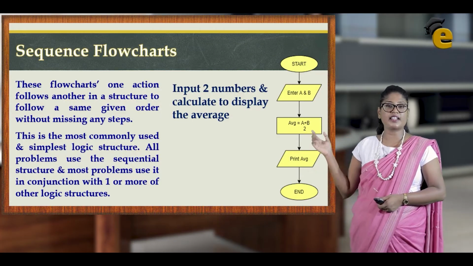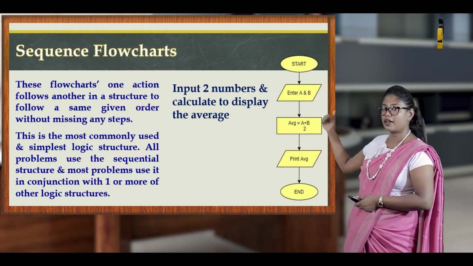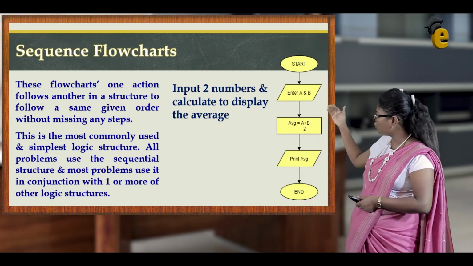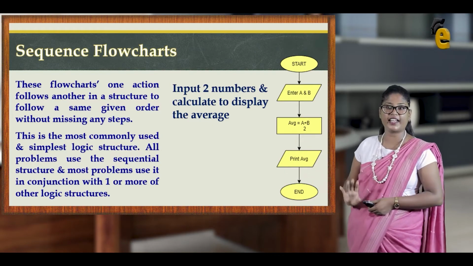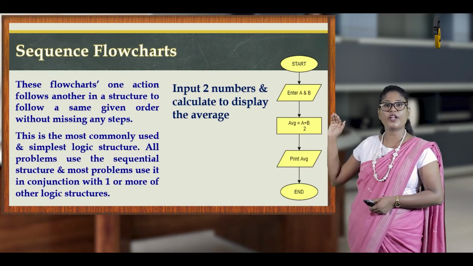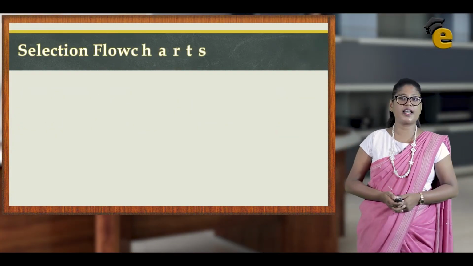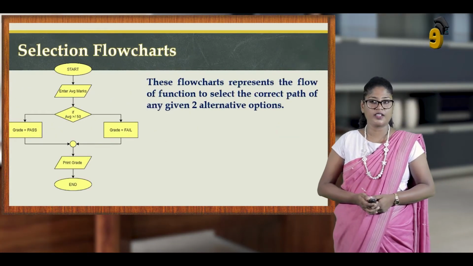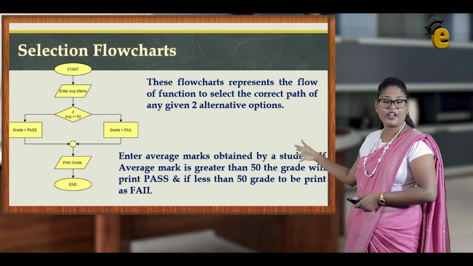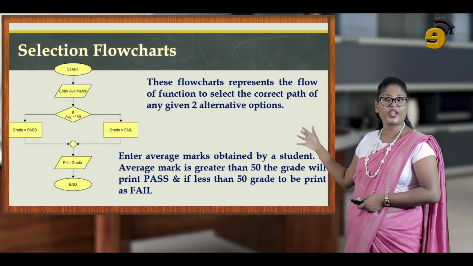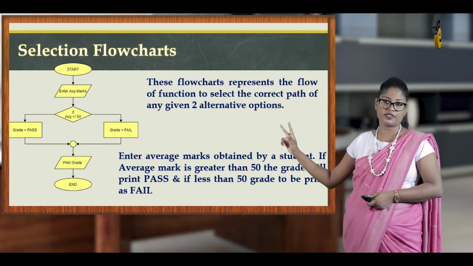Sequence flowcharts are a simple format, because sequence flowcharts follow one action after the other in the same given order without missing any steps. That is how we deal with sequence flowcharts. If we talk about selection flowcharts, selection flowcharts always represent the flow of the function to select the correct path of two given alternative options.